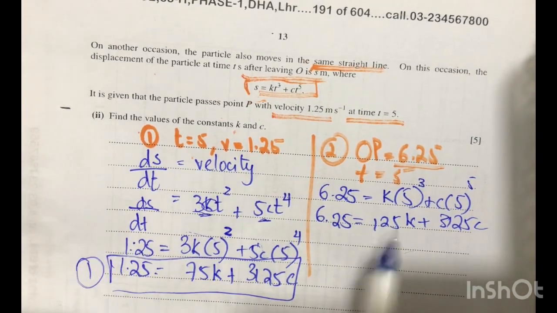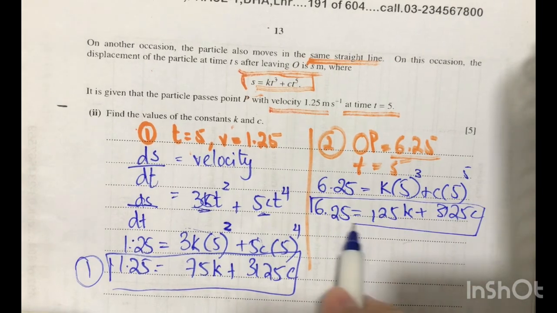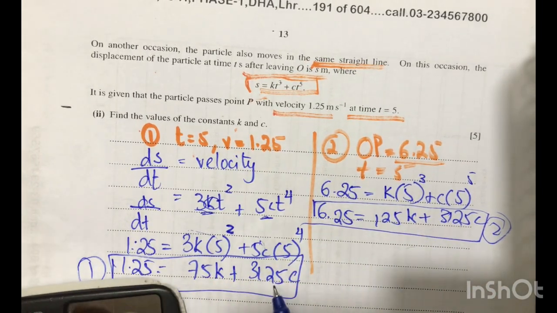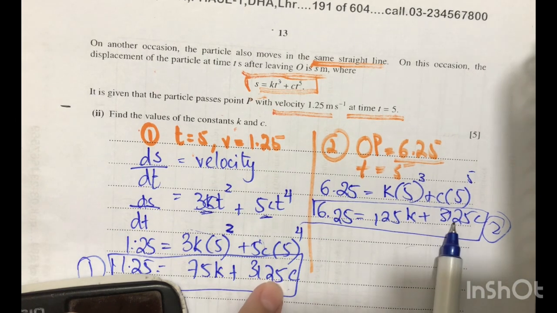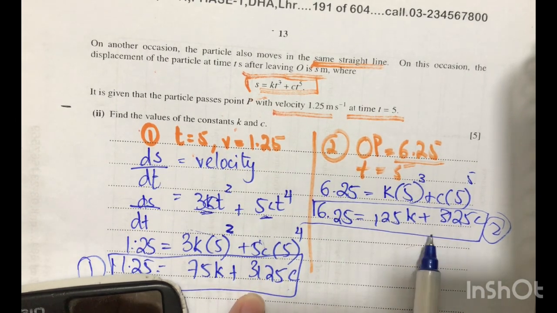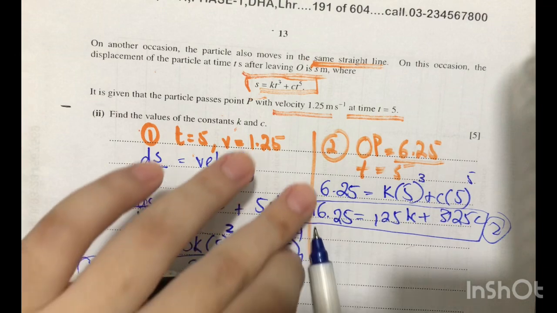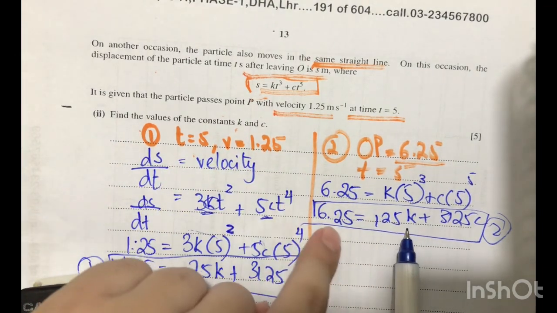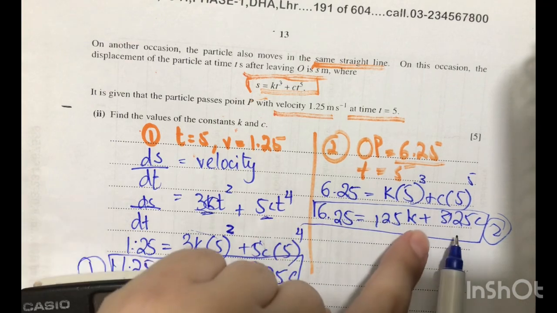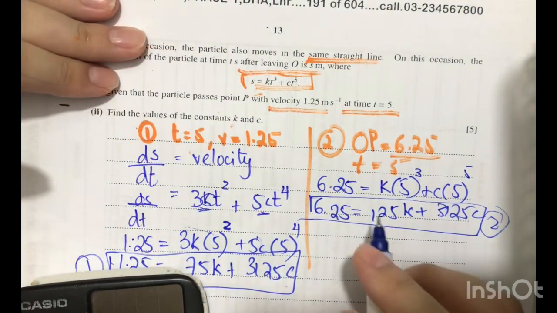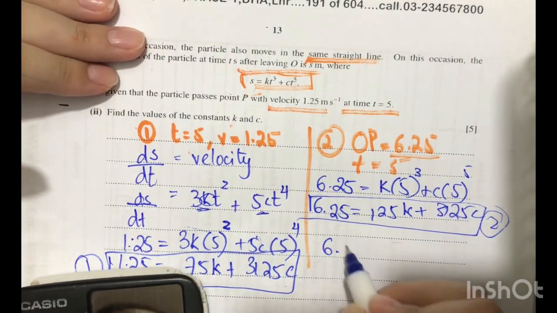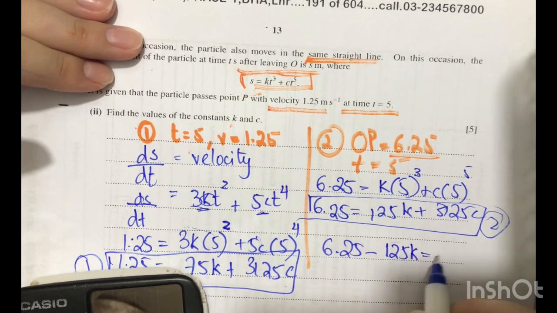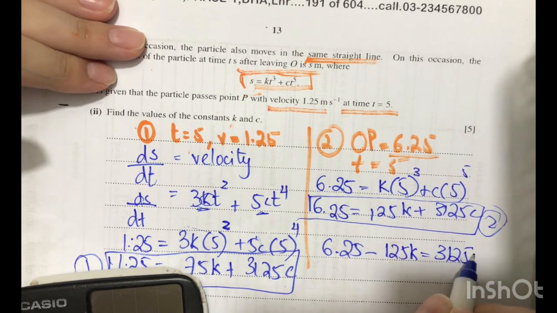So this is one equation and this is the other equation. You can see that 3125c is present in both equations. So we can use any one equation and make it in terms of k and this value. Basically, we can write this as 6.25 minus 125k is equal to 3125c.